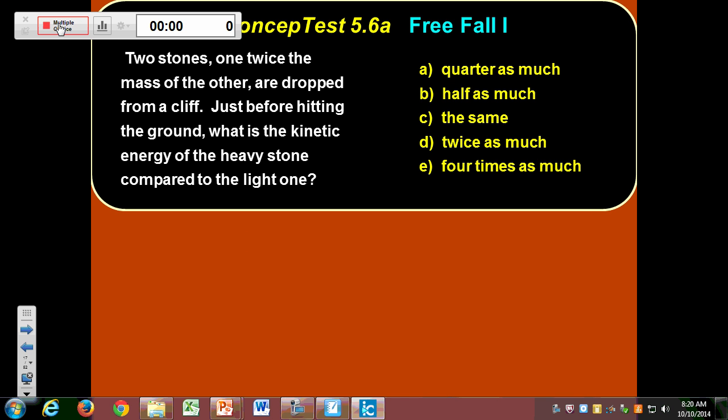2 stones, one twice the mass of the other, are dropped from a cliff. Just before hitting the ground, what is the kinetic energy of the heavy compared to the light?